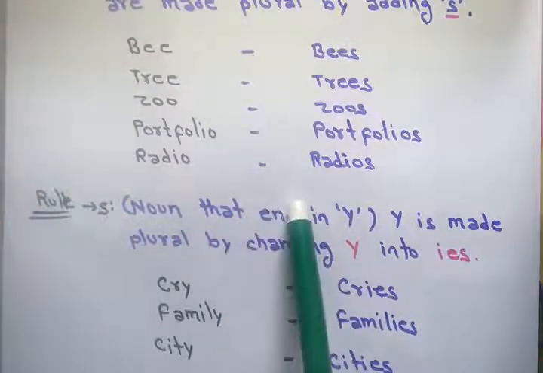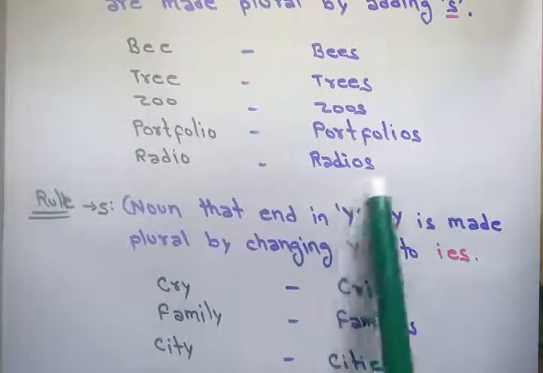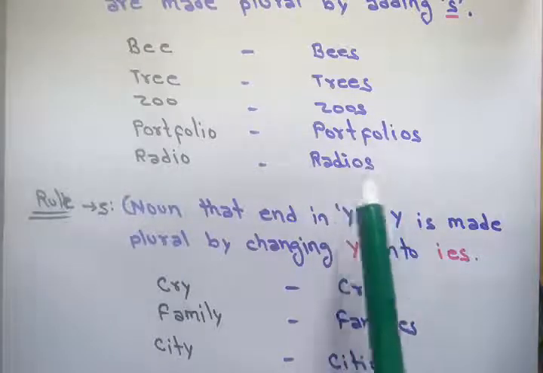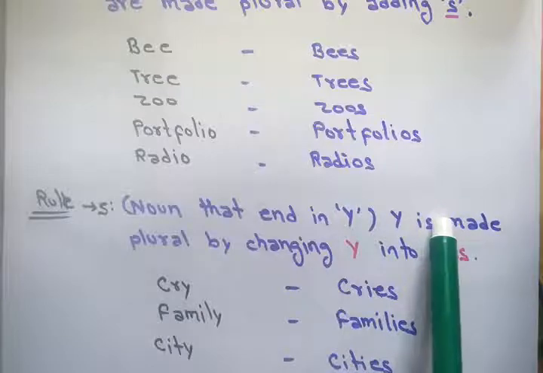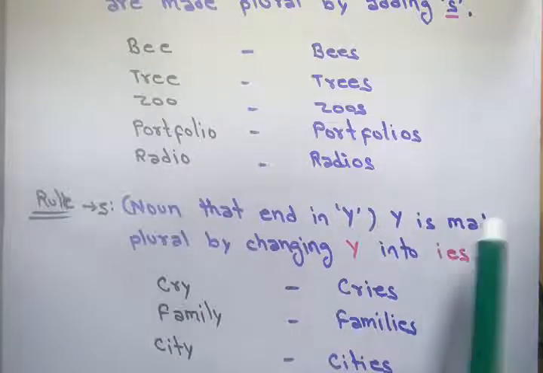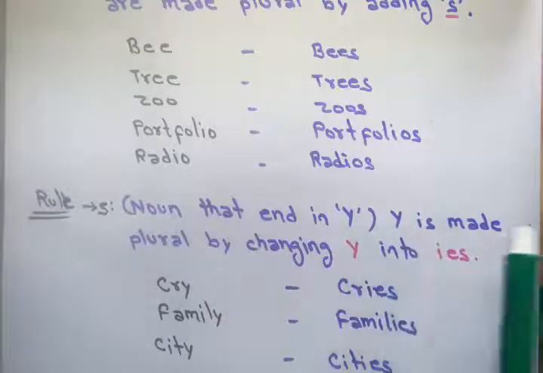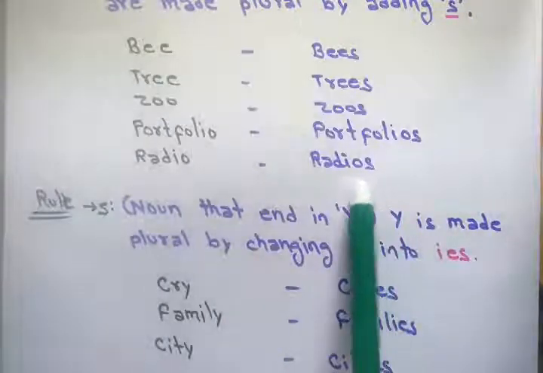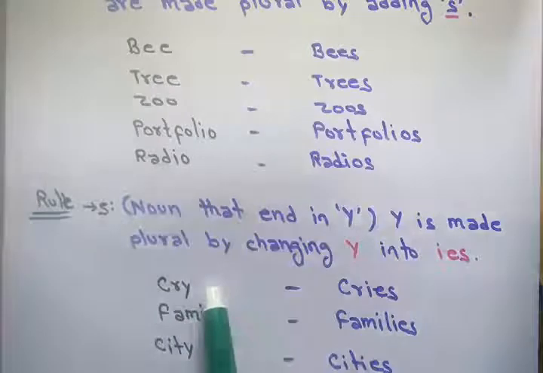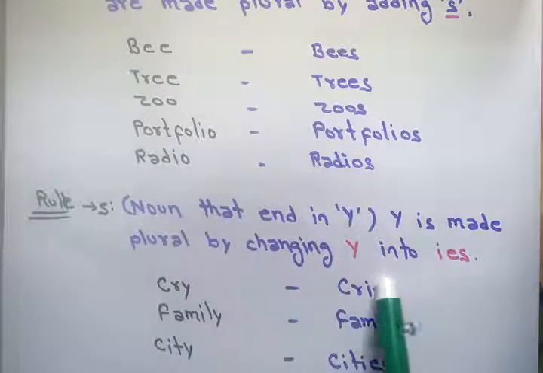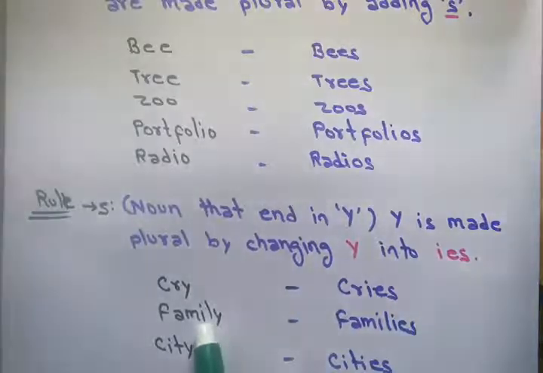And rule number five: nouns that end in y and have a consonant preceding y are made plural by changing y into ies. After a consonant, for example cry, we use ies here.